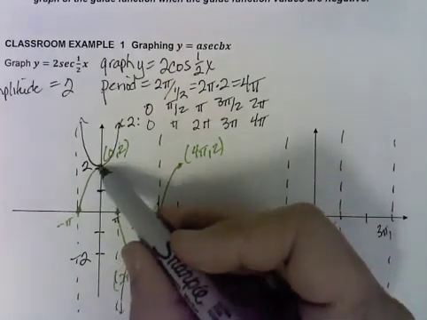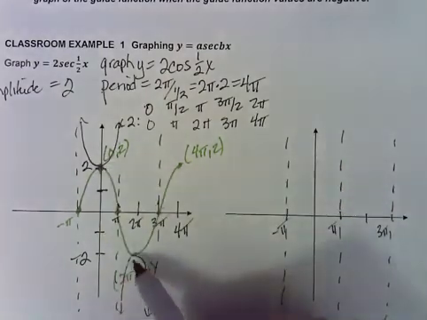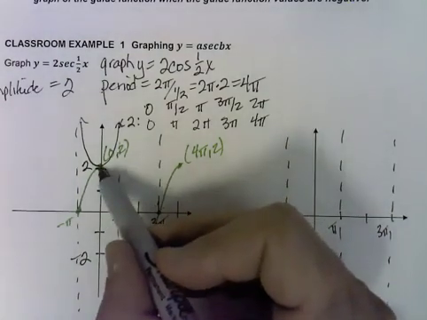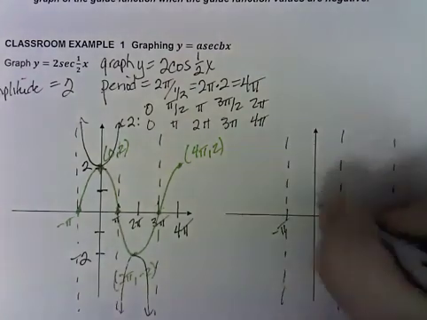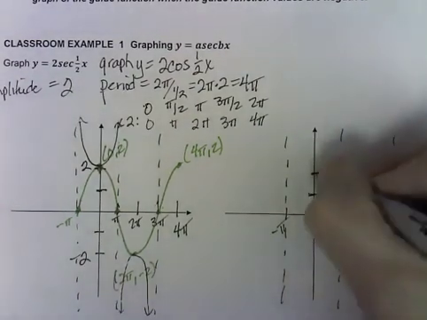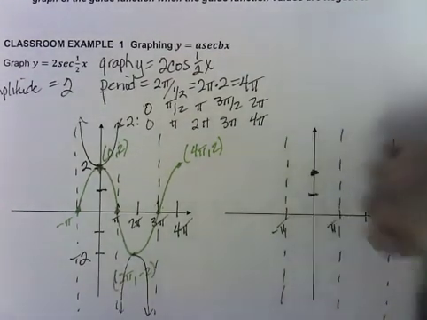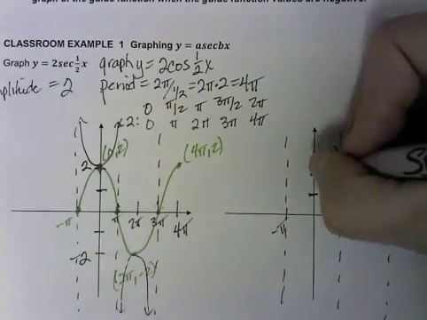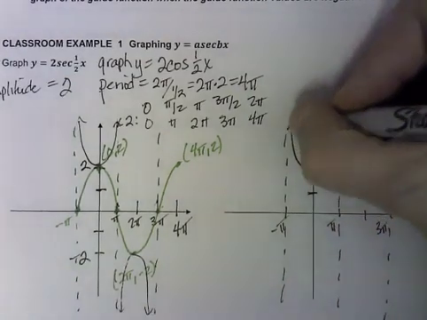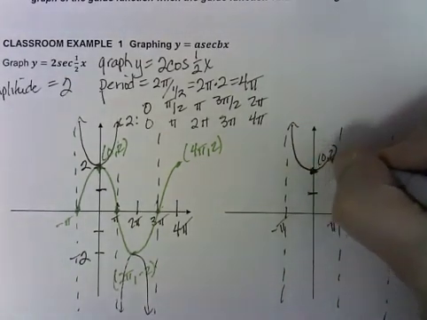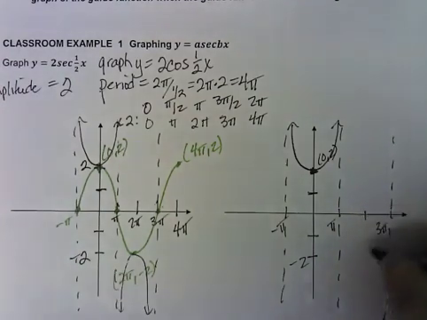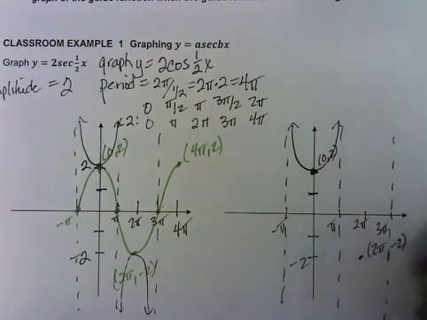And then I have my minimum points and my maximum points. That's where it meets the graph of the cosine. So I have the bottom of my U right here at the point (0, 2). And for this one, the top of my U is at the point (2 pi, negative 2).